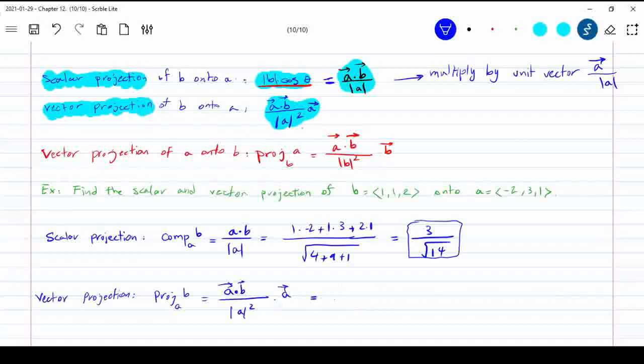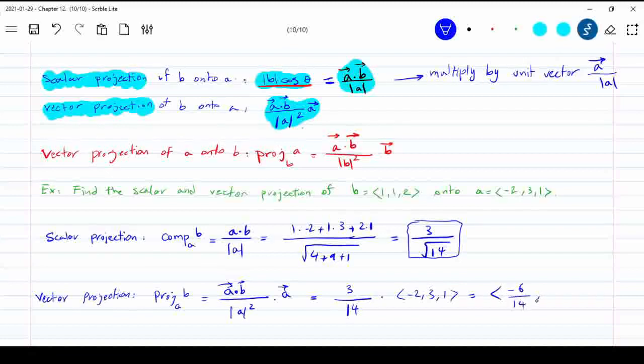Okay, so A dot B, we've already calculated that. That was 3. Magnitude of A, we calculated that was square root of 14, but if you square it, you'll get 14. Multiply by A. What is A? Negative 2, 3, and 1. You can multiply these numbers inside or you can keep it outside, it's up to you.